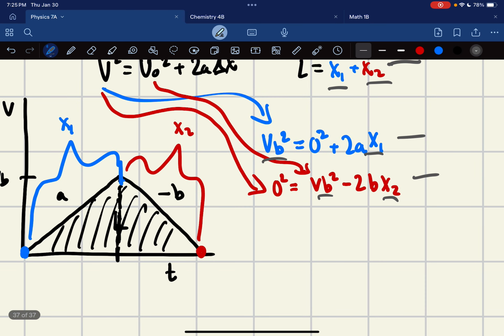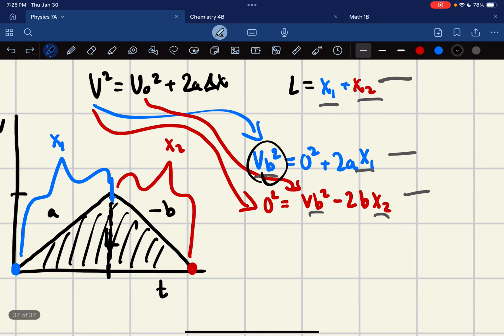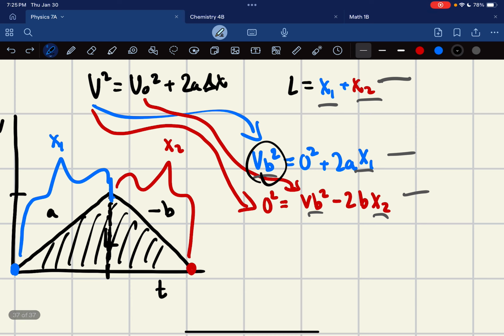So all we have to do is solve for one and the other, and then one and the other again, and then solve for our final VB, which is what we're trying to go after. So I'm going to solve this equation for x2. x2 equals L minus x1.